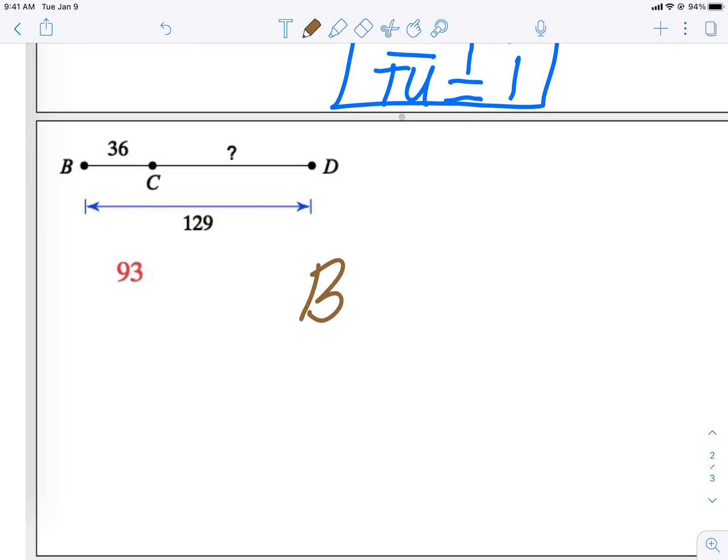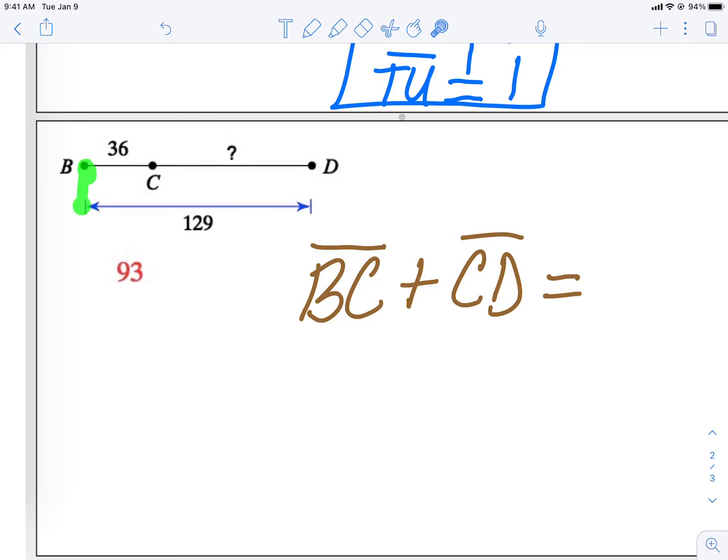So B to C plus our second short segment goes from C to D, right? So short plus short is equal to the long segment, which goes from B to D.